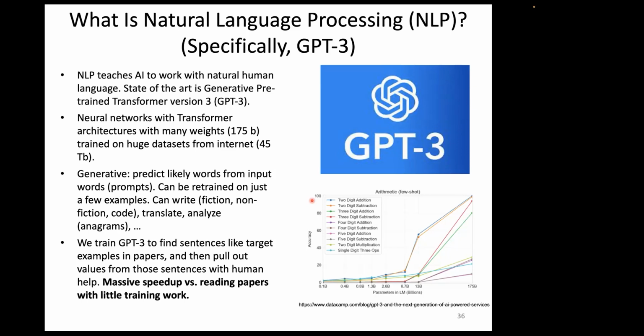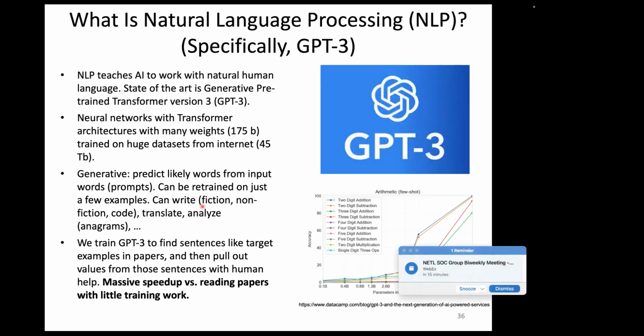So what you can do with this type of model is, it works in a generative way. You can give it a prompt, that's some text, and it responds with predicted text that should go with that prompt. And you can essentially give it a few examples of input and output, and it will retrain on those examples and give you out meaningful responses.